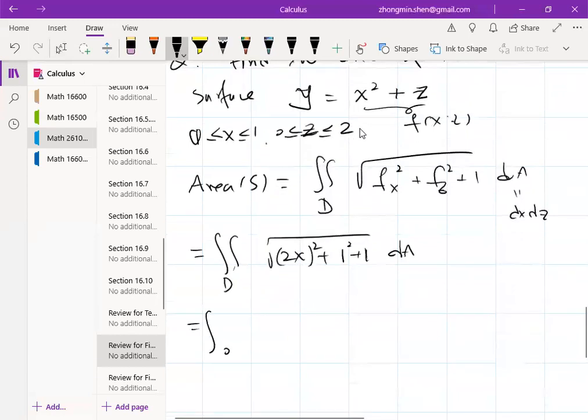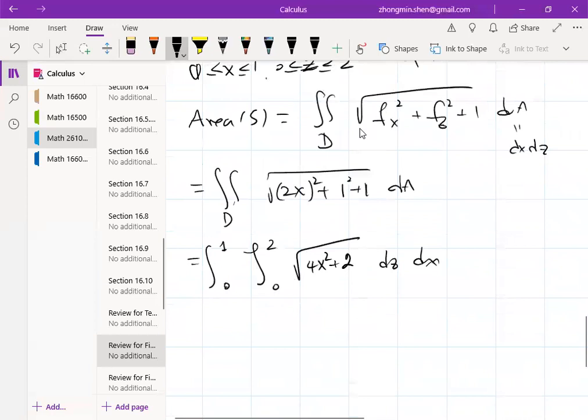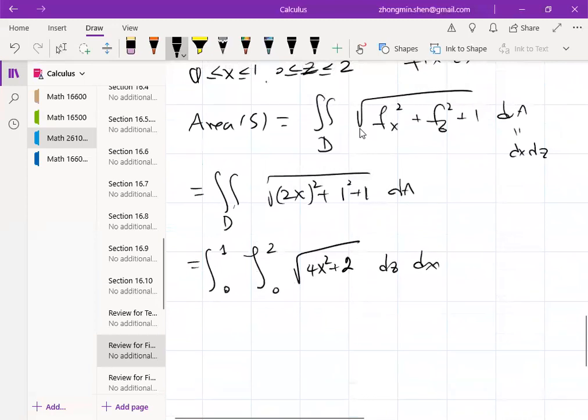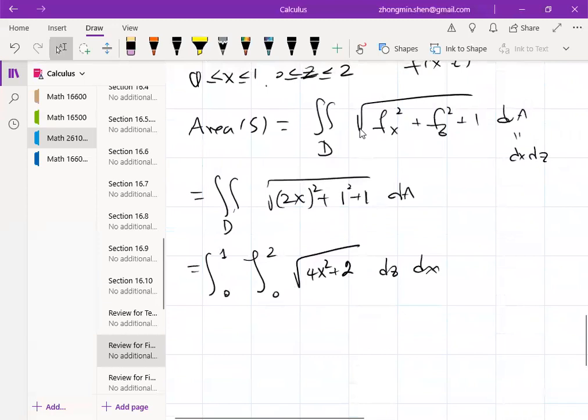So it's a square: integral from 0 to 1, dx, z is from 0 to 2, dz, and here is the square root of 4x squared plus 2. It's constant, independent of z, so you get 2 times the integral of the square root of 4x squared plus 2 dx. The question is how to evaluate this integral.